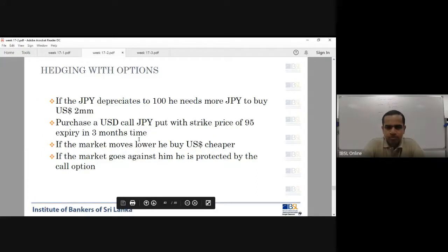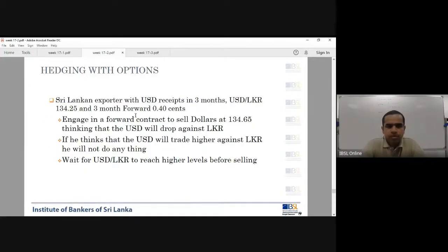Next question. A Sri Lankan exporter with dollar receipts in 3 months. Right? He expects to receive dollars in 3 months. The dollar rupee rate is 134.25 and the 3-month forward is 40 cents. What can he do?